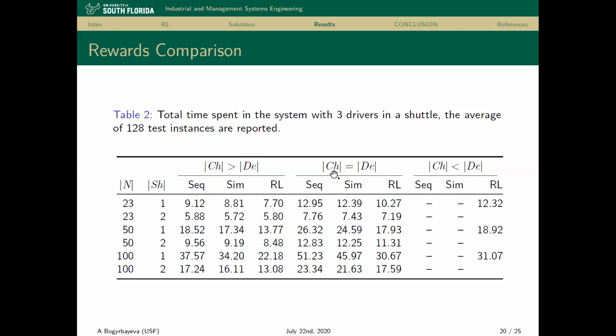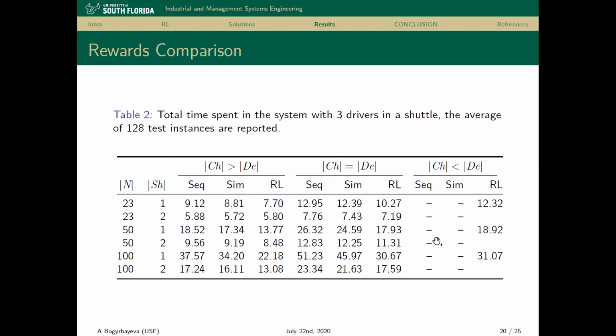The medium case is when you have exactly as many charging stations as EVs that need to be charged, so you need to actually assign one to each of them. And in the last case, we have a small number of charging stations and many more EVs to charge, meaning that we need to reuse charging stations. Results are as follows. The last class of problems is not solvable by existing heuristic methods.